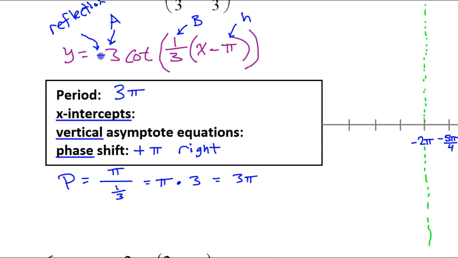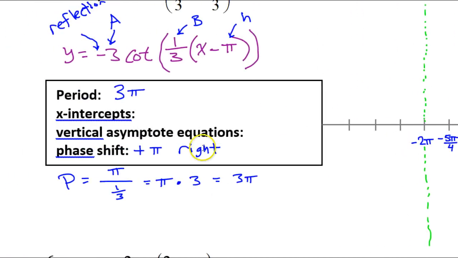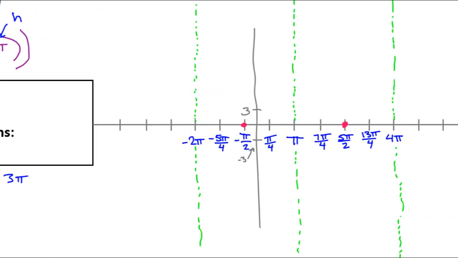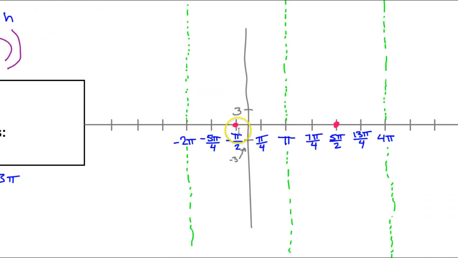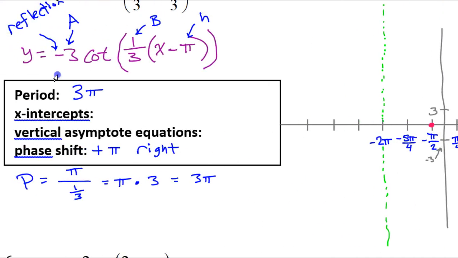Because of the negative sign, this is going to be a reflection. So instead of decreasing like a cotangent function normally does, it will actually be back to increasing again. I know that's a little confusing, but tangent is normally increasing, so cotangent is decreasing. But it's a reflection, so this cotangent will actually be increasing.